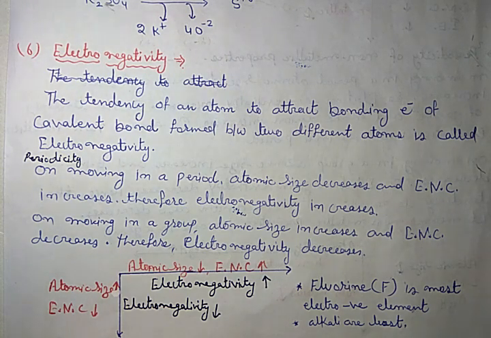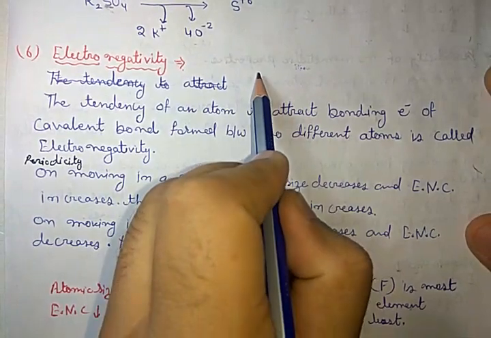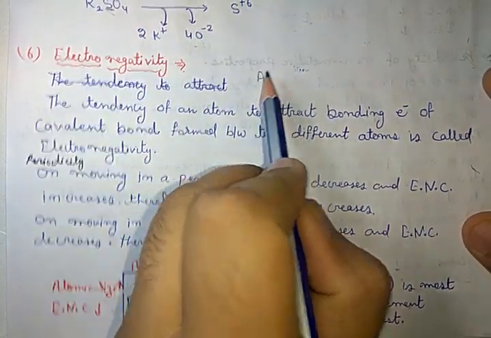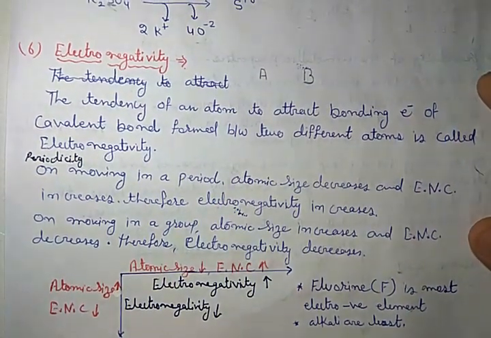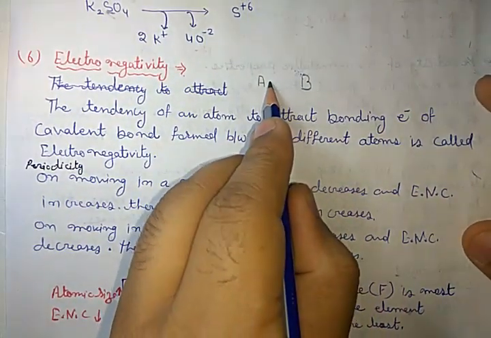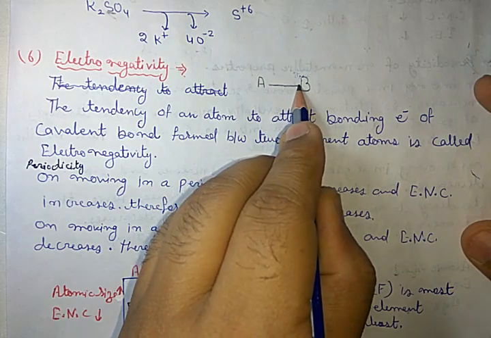Electronegativity, got it? The first question is, what is electronegativity? To understand it, let me consider an example of a molecule. Suppose there are two atoms A and B, and they form a covalent bond.